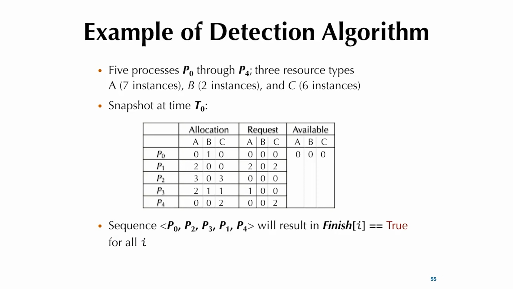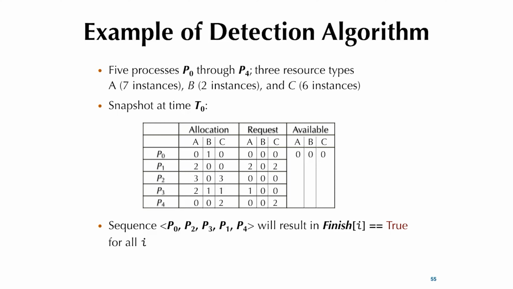Okay, so just to get a good feel, you could go through this example here. Again, processes P0 through P4, current allocations shown in the columns for resources A, B, C, and then this is a snapshot of the current requests.